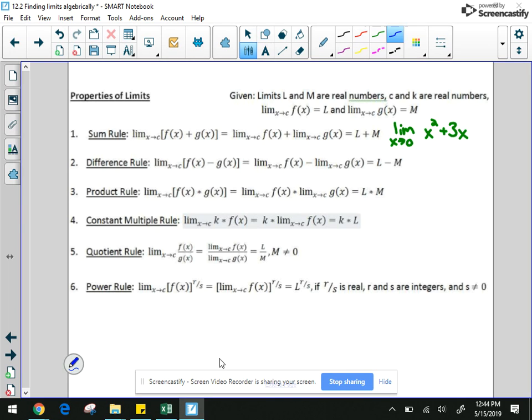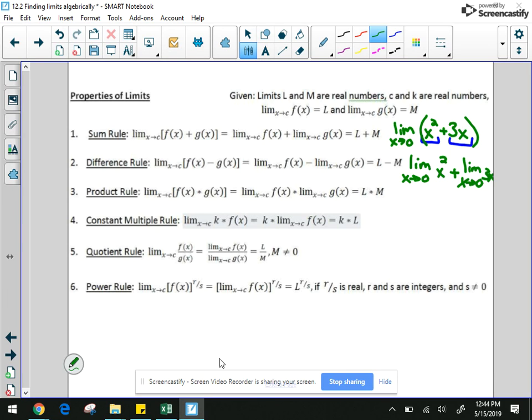This function really is the sum of two separate functions. So this first rule is saying if I want to take the limit of a sum of two functions, I could do that by taking the limit of one separately and then adding the value that I get for the limit of the other.